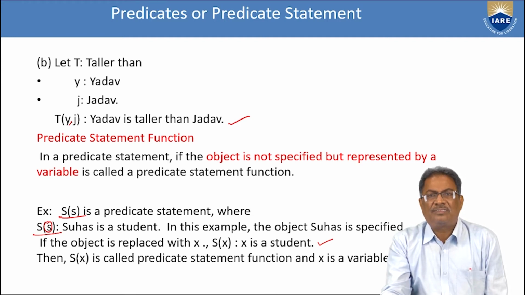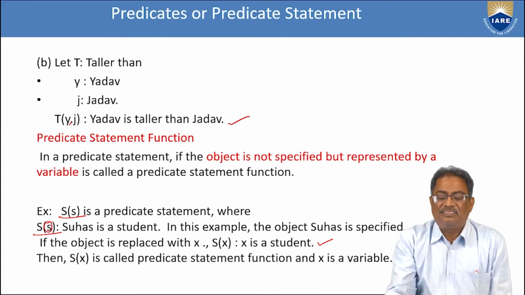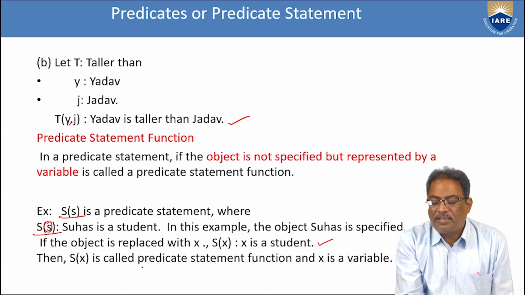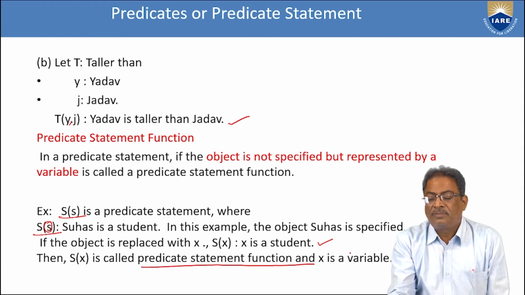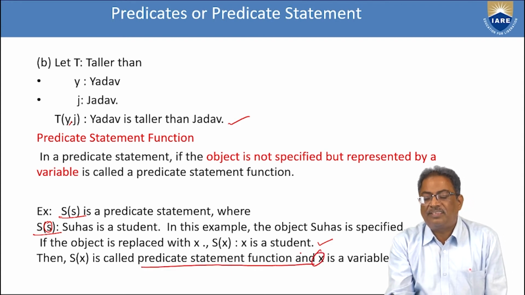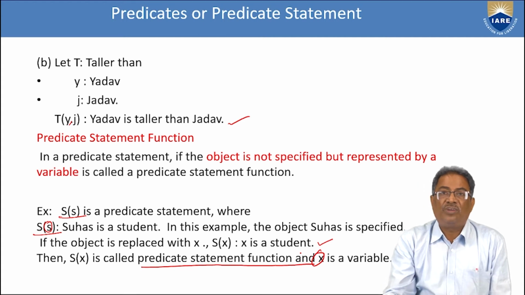So S of x is nothing but x is a student. This is called a predicate statement function, and of course x is called the variable.